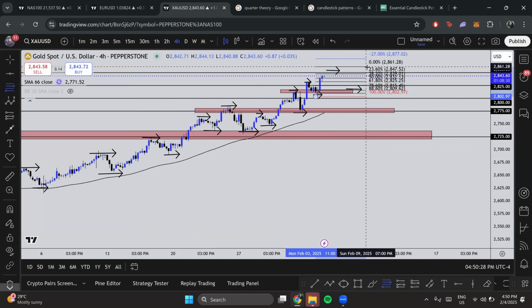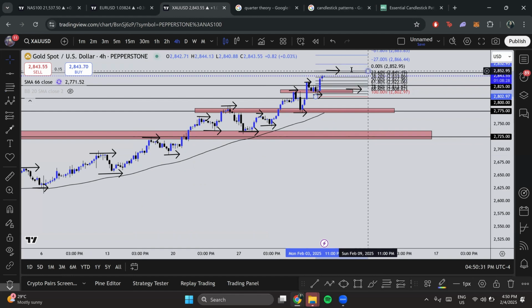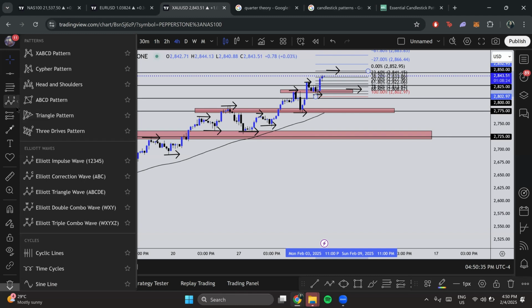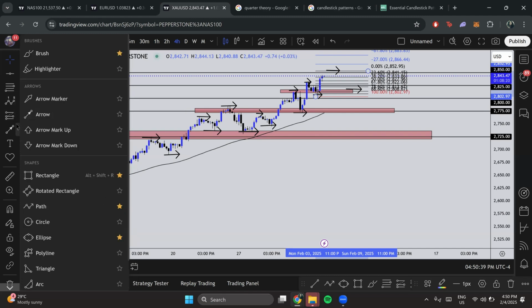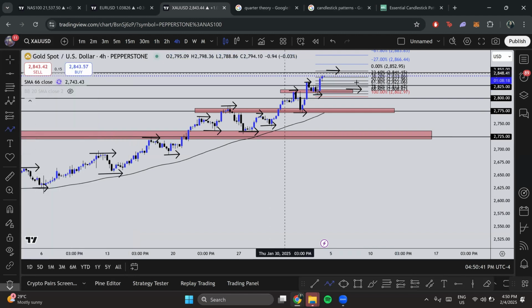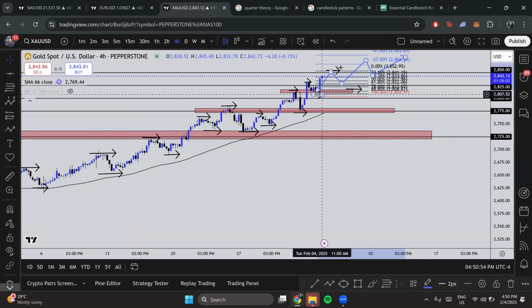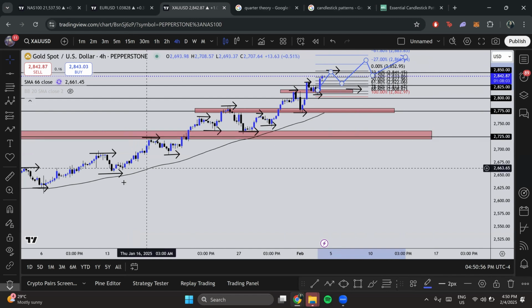Rather than trade the counter trend down, I'm gonna wait for, and look what I'm gonna use here, the arrows. So I'm looking for this, something like that. So I'm just trying to get this to look like what it's been doing here.